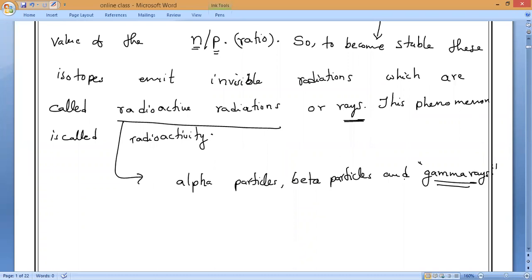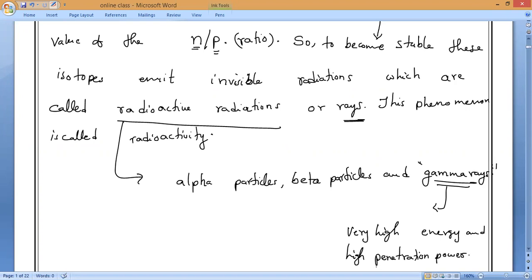So which is very powerful? Gamma rays. Gamma rays have very high energy and high penetration. What do you mean by penetration? Penetration means going inside.